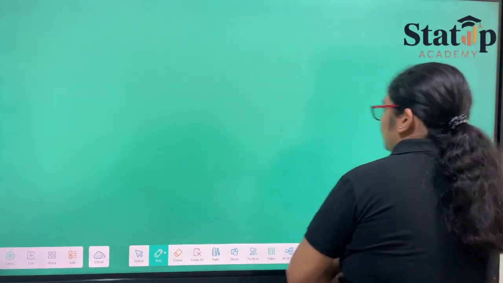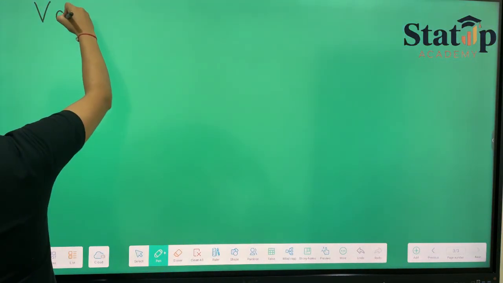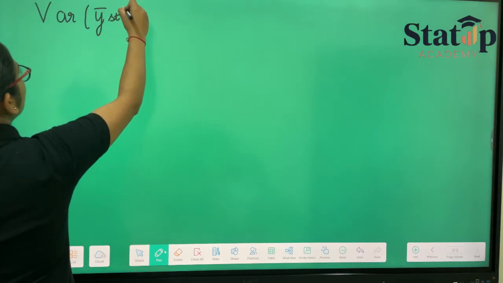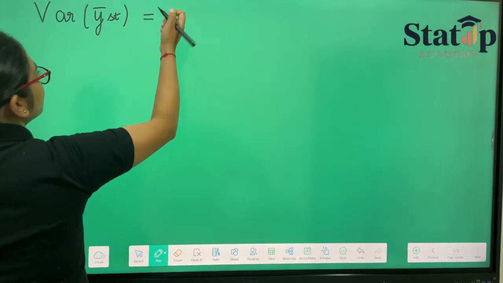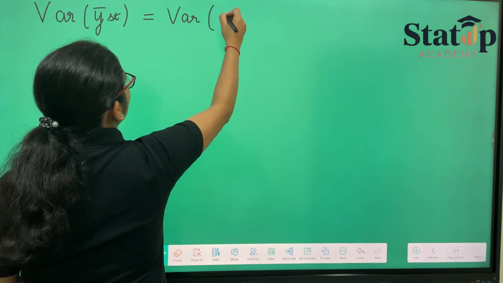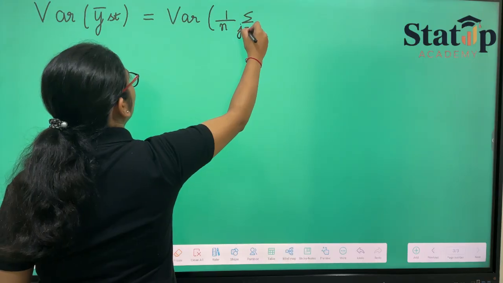Okay, so now we will calculate the variance of y bar st. Variance of y bar st is nothing but variance of 1 upon n summation j goes from 1 to n.